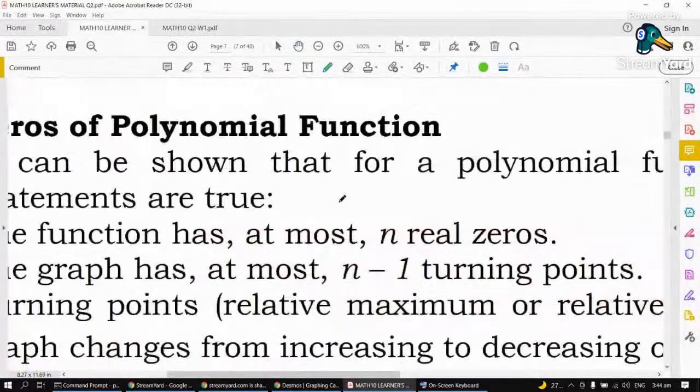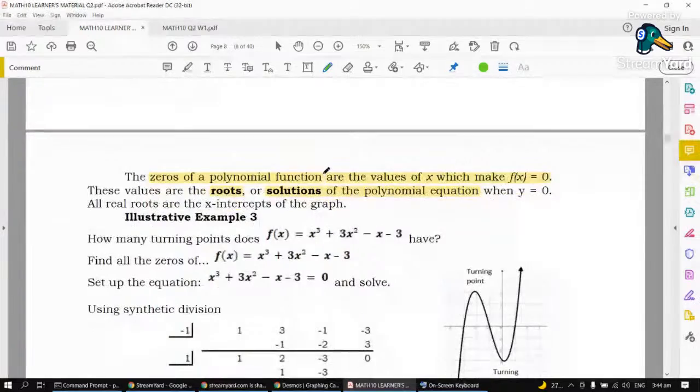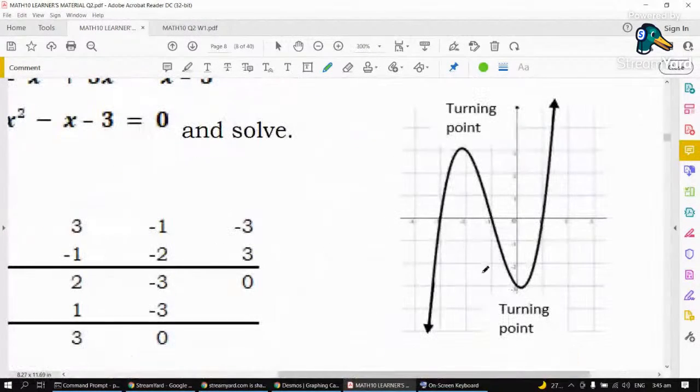Kasi may mga graph na dalawa ang pihit or tatlo. For example, itong graph na to, no? So, meron kang 1 turning point and then 2 turning points. Pag ganun ang turning point niya.